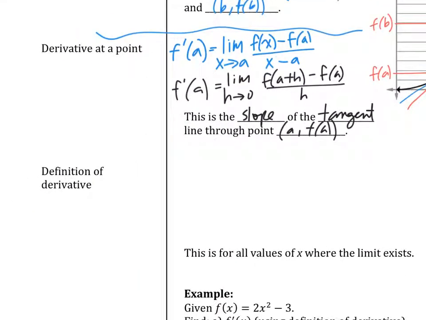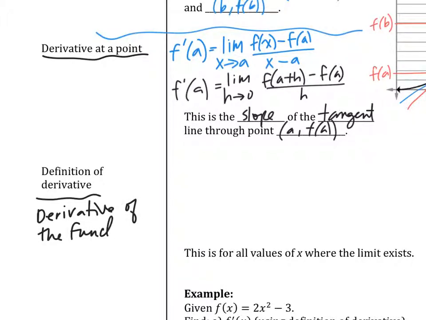Okay, so now that's the derivative at a point. The definition of the derivative of the function means what is the slope at every single point of this function. So instead of A, we're just going to put x.